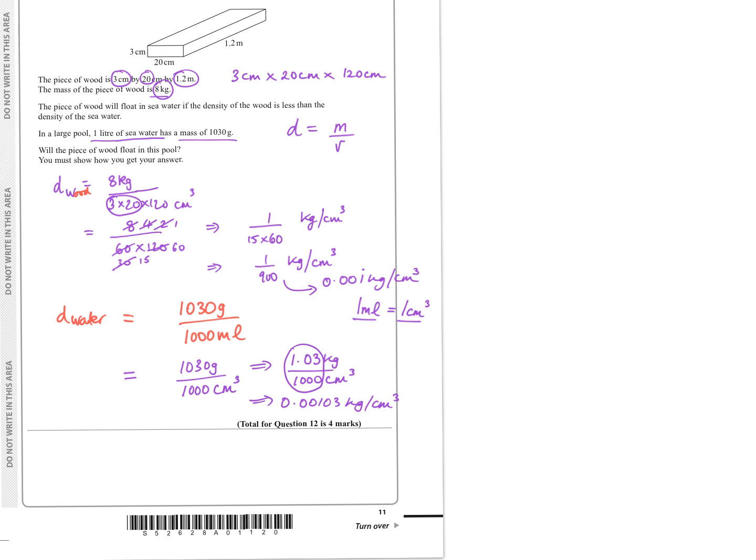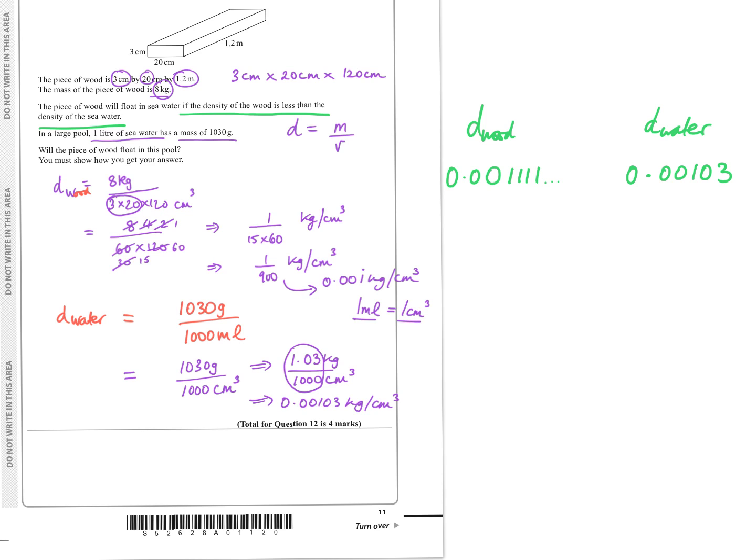So it will float if the density of the wood is less than the density of the seawater. So the density of the wood is 0.00, and we're going to do lots of ones here, even though we don't write a recurring decimal that way, as you know, but just for argument's sake. And then the density of the water, we've got 0.00103. And they're both in kilograms per centimetre cube.